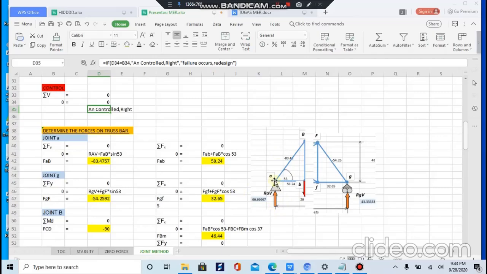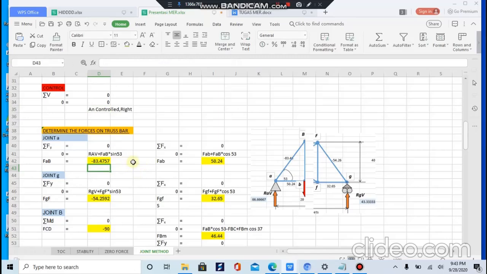At point A, sigma Fy is equal to 0, so 0 is equal to RAV plus FAB times sinus 83. So FAB is equal to minus 83.4757.